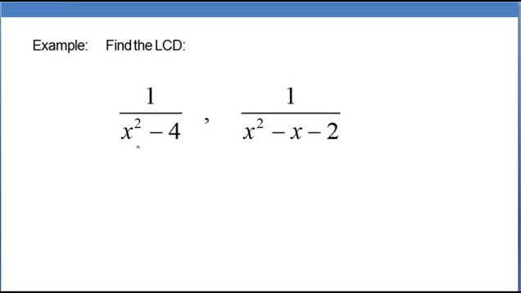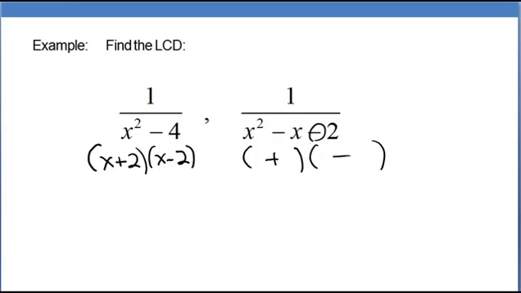For our next example, we will first need to factor each denominator. And so for the first one, this is a difference of squares. So we have an x plus 2 and an x minus 2. For the second one, we have a trinomial, 2 sets of parentheses. We can do our signs, different signs. Split the x's, and we're going to use a 2 and 1.